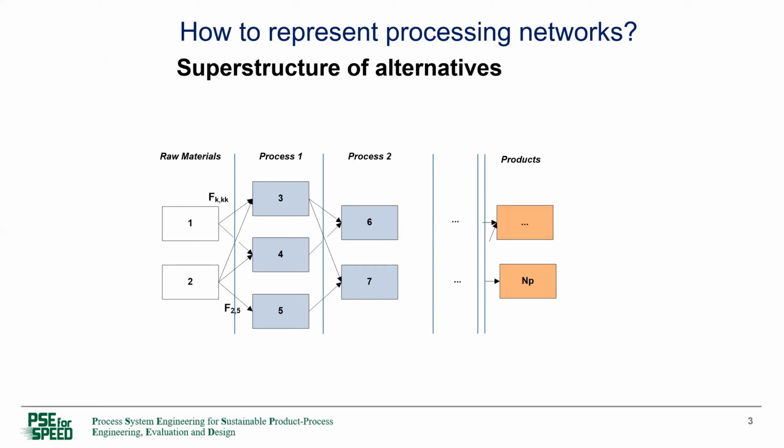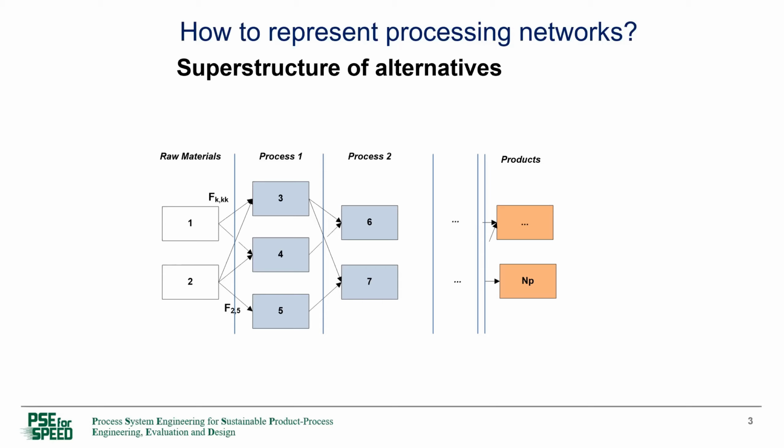These are processing steps. That can be a reactor, that can be a mixer, that can be a separator, distillation or membrane or whatever. And then for each of those process 1, 2, 3, what you see as 3, 4, 5, these are different alternatives that this step can be done.